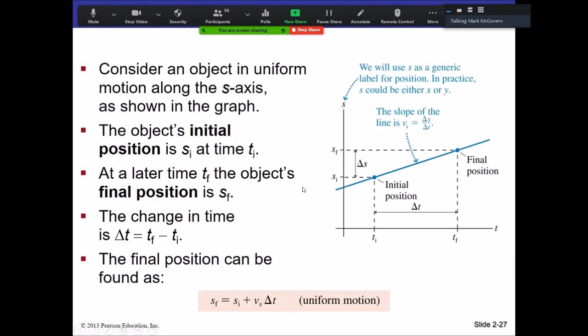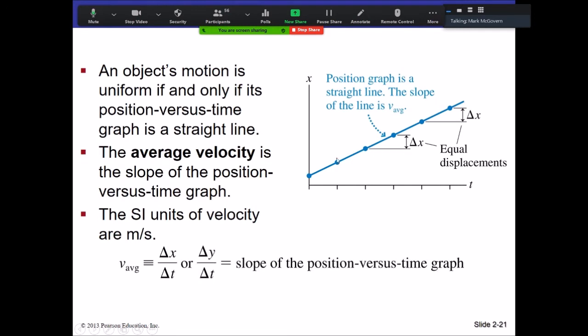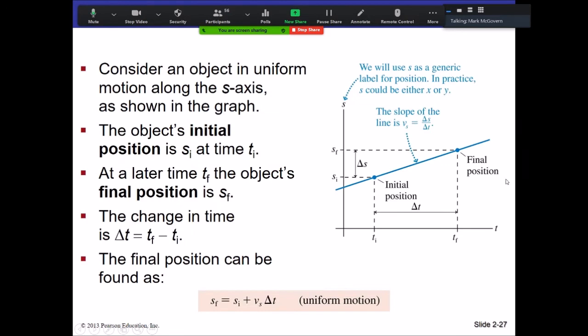So what we can do then with this kind of motion here is we can develop an equation, right? This is a linear line. And so from that we can develop an equation. Now the speed is the slope of the line. So that represents the mx. Like if you're thinking about this as y equals mx plus b for a linear line, right?